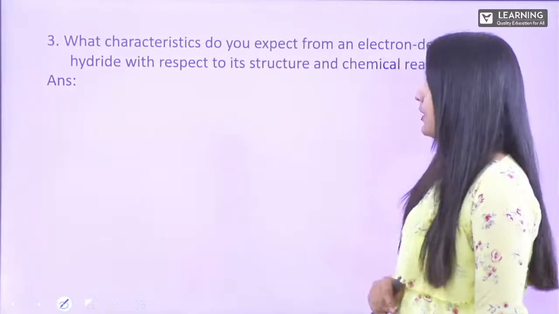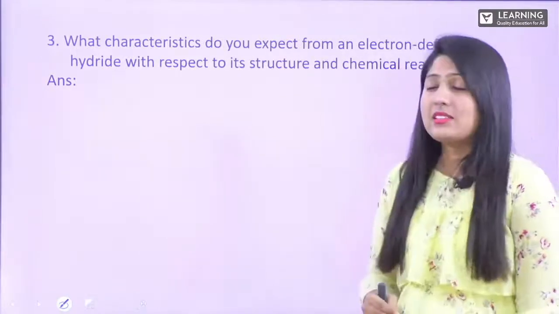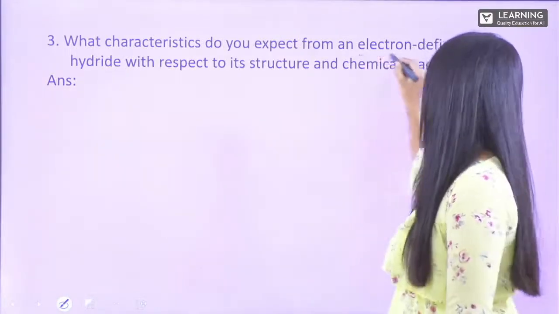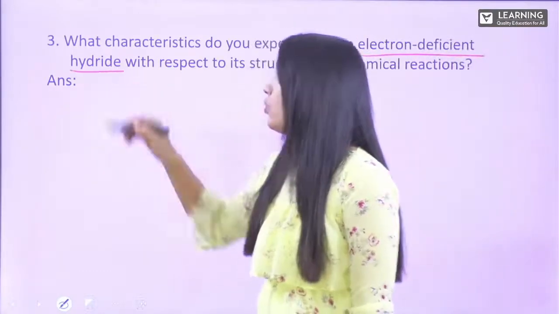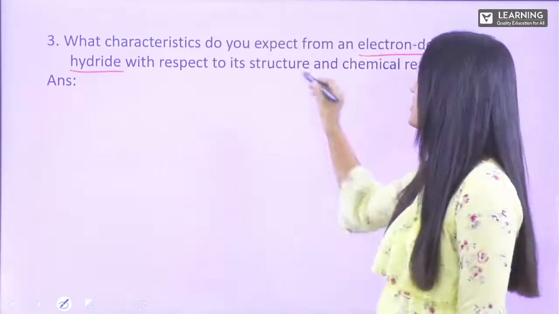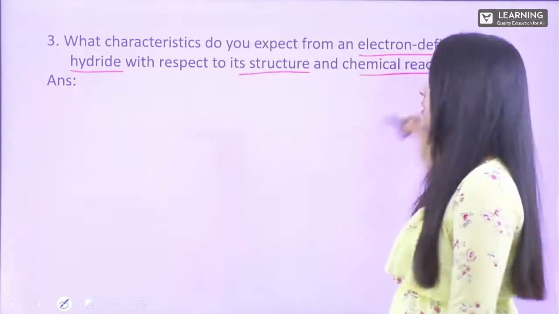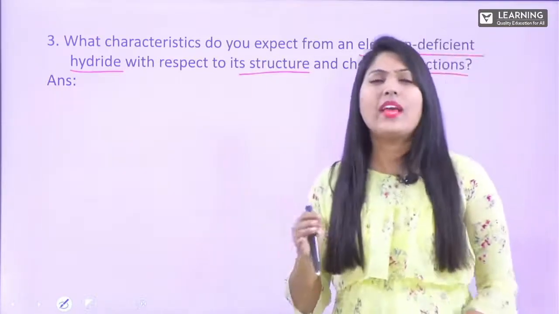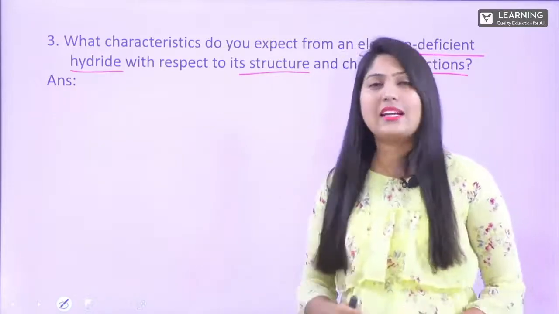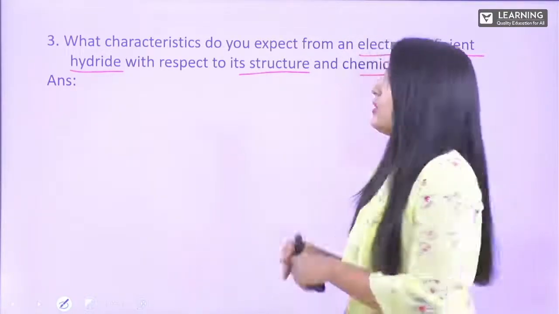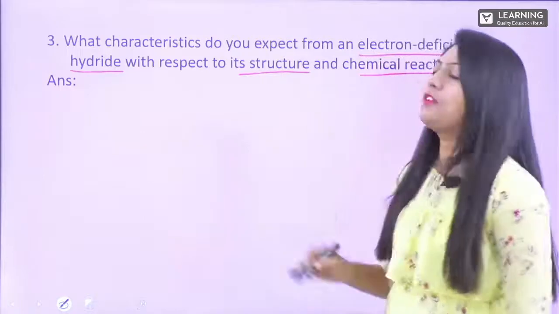Got it? Next, what characteristics do you expect from an electron deficient hydride with respect to its structure and chemical reactions? So we have studied electron deficient, electron precise, and electron rich hydrides. So the question is about electron deficient hydride.